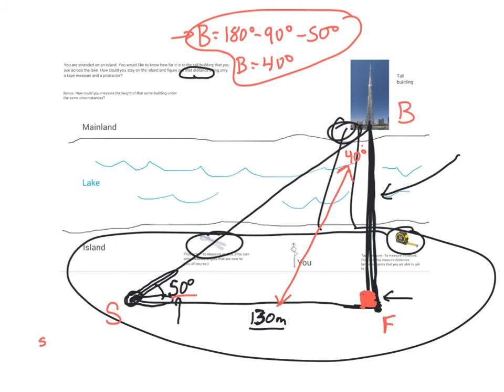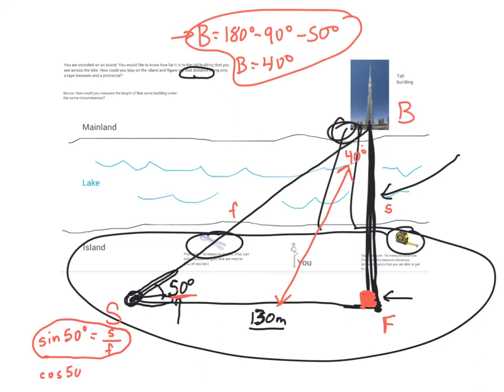So let's see, sine of, might as well use the angle S. Could use either one, just don't use the 90 degree for SOHCAHTOA. Sine of 50 degrees is opposite, ooh, look at that, that's the side we're looking for, little s, over hypotenuse, that's little f. I was thinking that this was going to be the equation we used, but the problem is there are two variables, so that's not the one. Let's keep going.